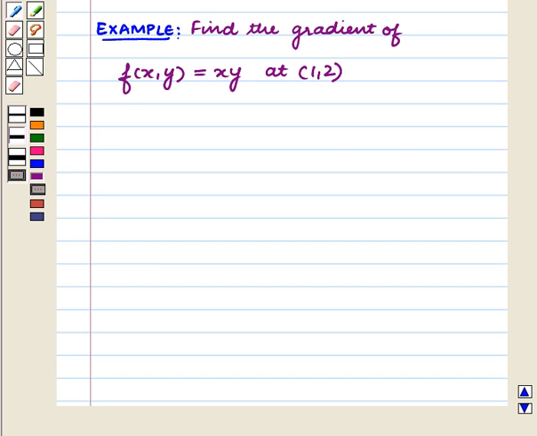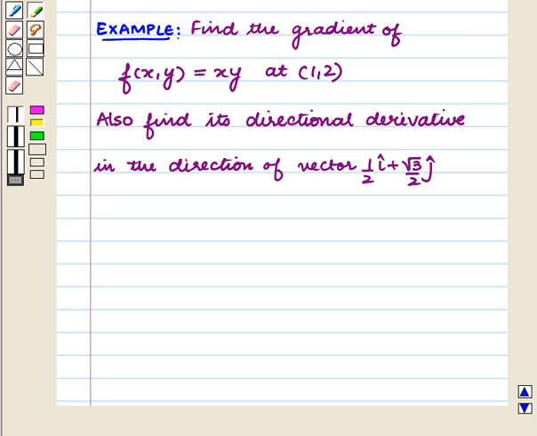Let us now consider the same example once again, which says that find the gradient of f of xy equal to xy at 1, 2. Now suppose we also need to find its directional derivative in the direction of vector 1 by 2 i cap plus root 3 by 2 j cap.